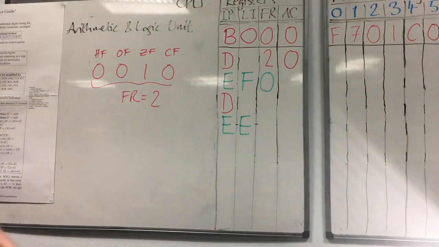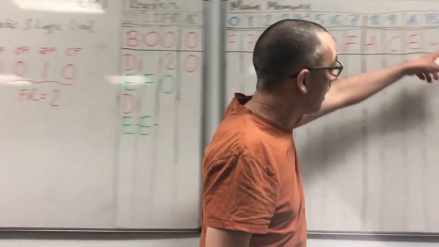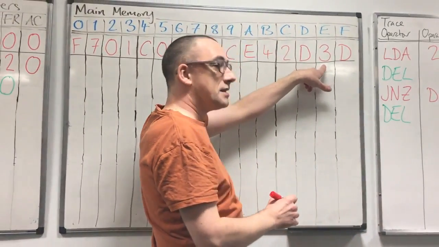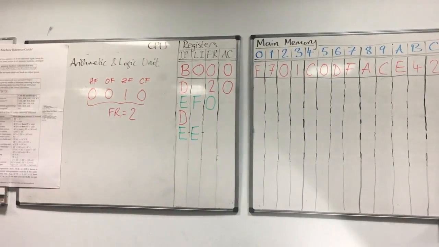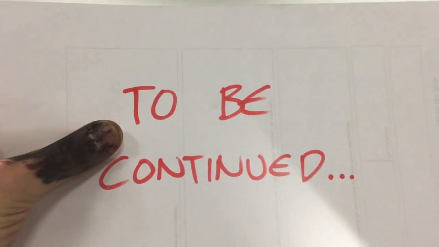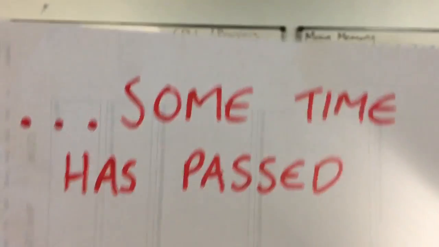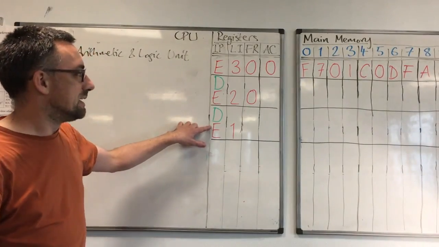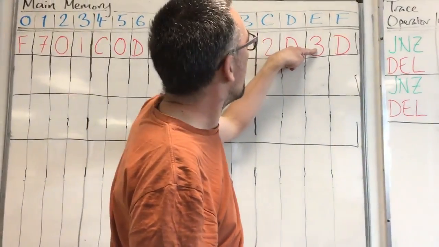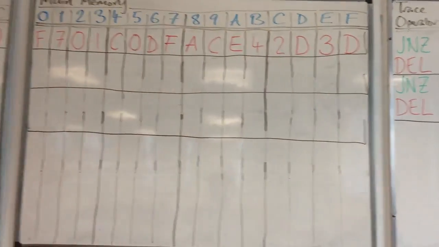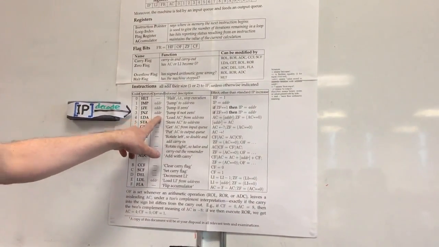It looks like we're going to be here for a while, because from instruction pointer E, we look up main memory and we see that the opcode is 3, and decoding 3 we get jump if not 0, with an address operand.